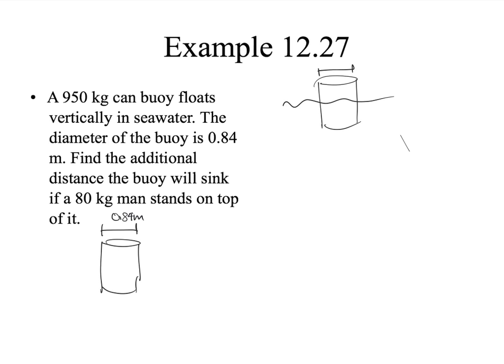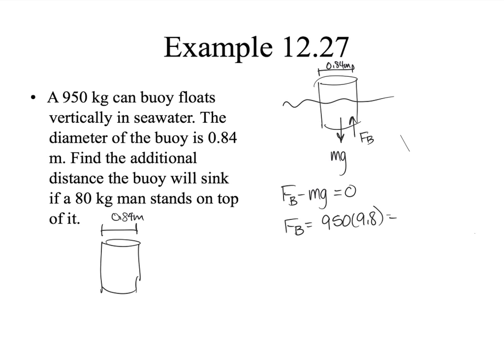So here, again, the diameter is 0.84 meters, and the weight is mg, and then we also have a buoyant force. So the buoyant force minus mg is equal to 0. The buoyant force is equal to 950 kilograms times 9.8.